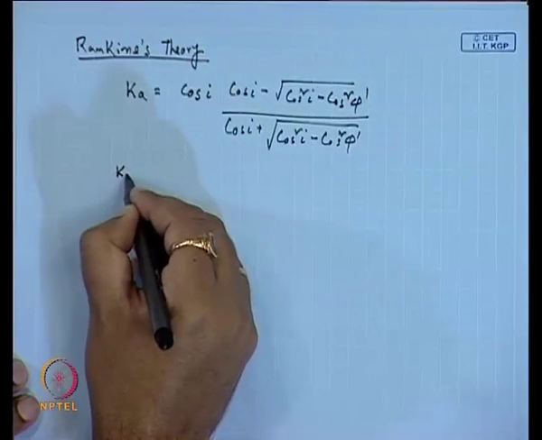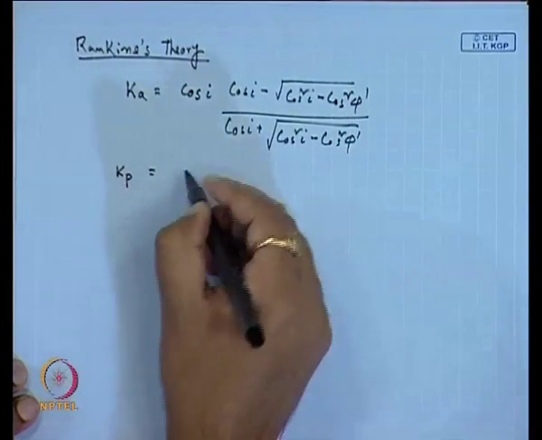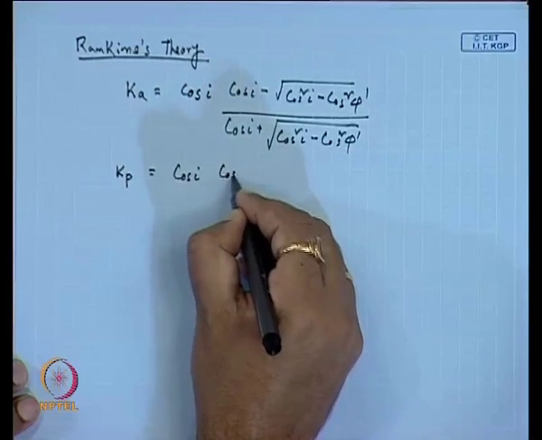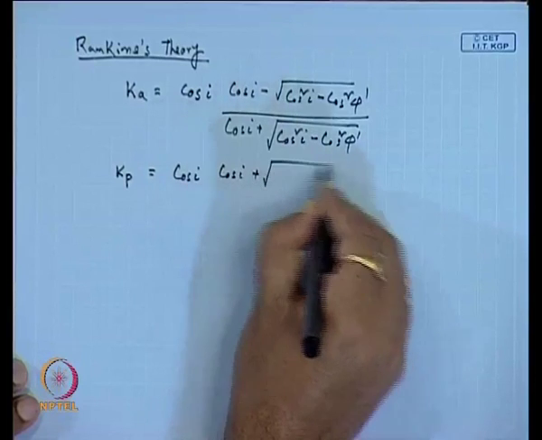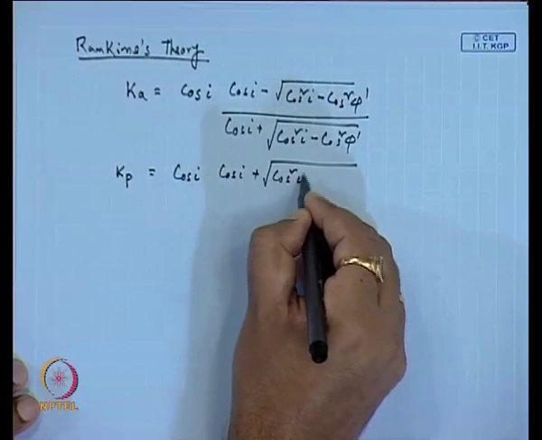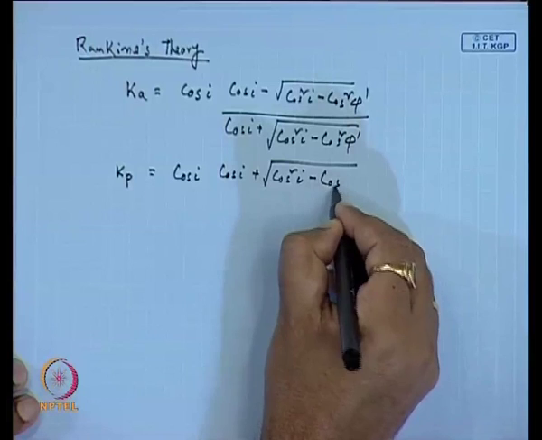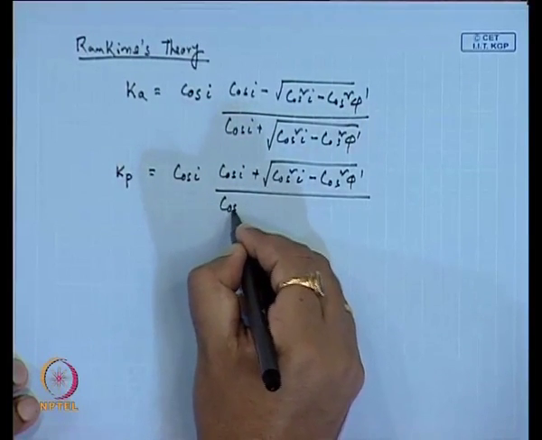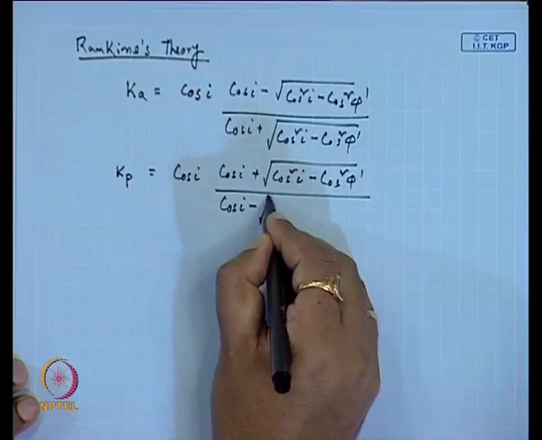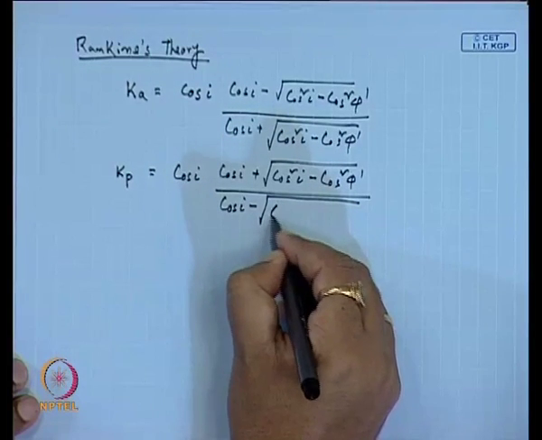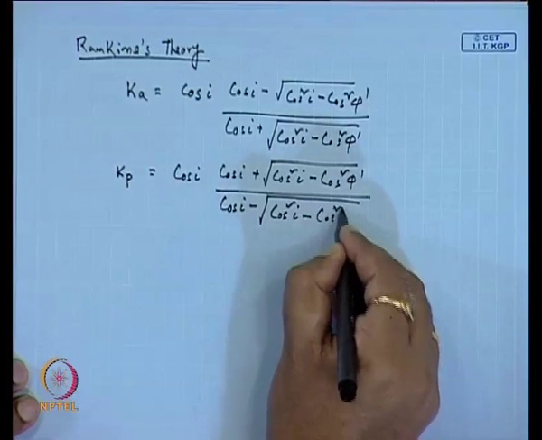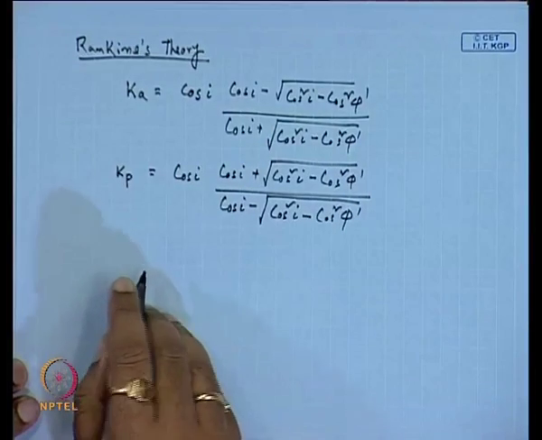For the passive earth pressure in the Rankine case, K_P is cos i plus root over cos square i minus cos square phi dash, divided by cos i minus root over cos square i minus cos square phi dash.